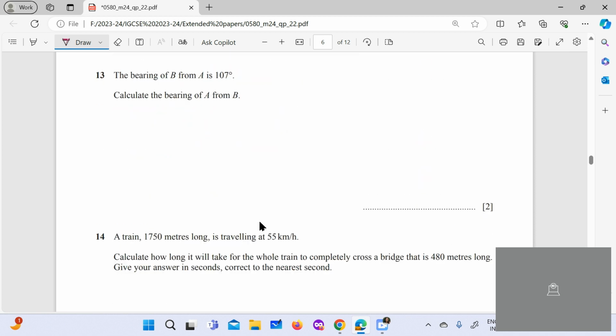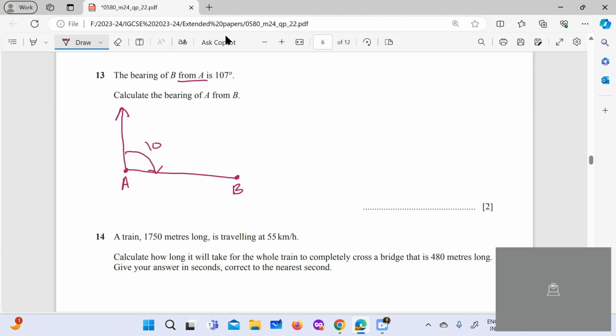Next, the bearing of B from A is 107. Calculate the bearing of A from B. Okay, so you should not get confused about this. So bearing of B from A, since it is from A, so your north will be on point A. See, like this, if this is A, and then okay, so this is your north, and the bearing is 107 for B. So it could be something like this, and this is your point B, and the bearing is always clockwise.